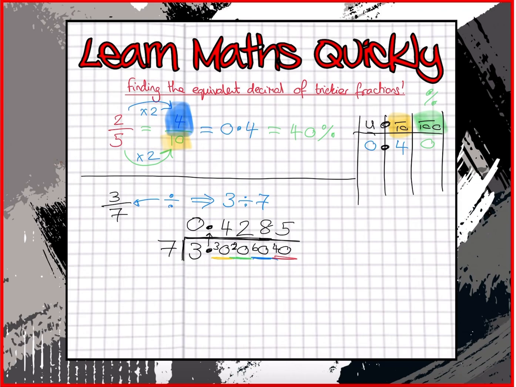And we sort of stop there because this is a number that will go on and on. So at this point, usually you'd probably do 2 decimal places, maybe 3 decimal places. So for 3 sevenths, I think we should do it to 3 decimal places. So we then look at the 4th number after the decimal point, which is our 5. If that's 5 or above, then that means that the 8 goes up.